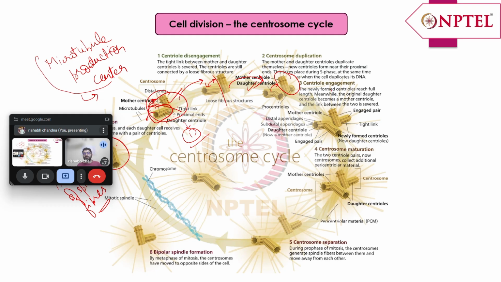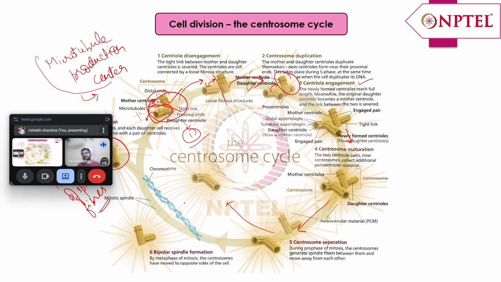Now, what will happen? The centriole engagement happens, it reaches its full length, and now they can form spindles, and then centrosome maturation happens. After the maturation, centrosome separation happens, followed by the cell division.